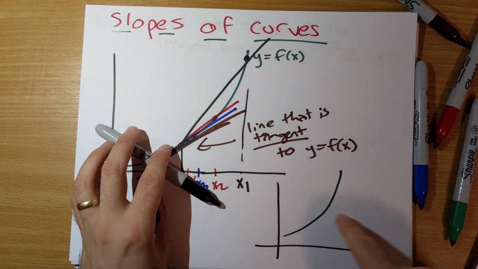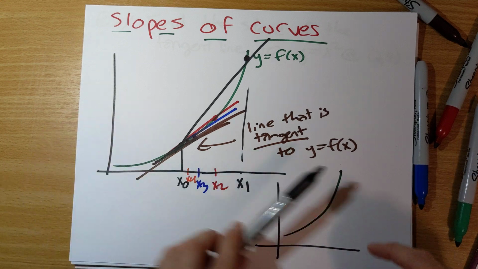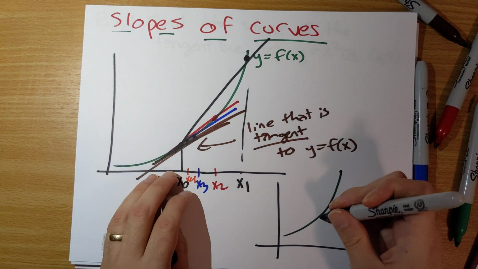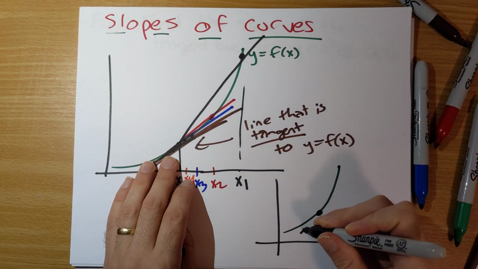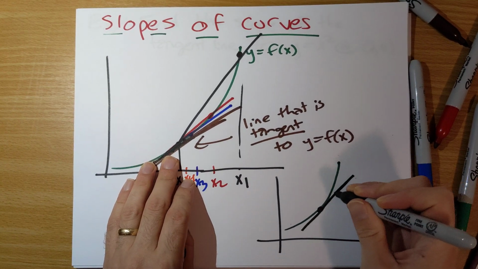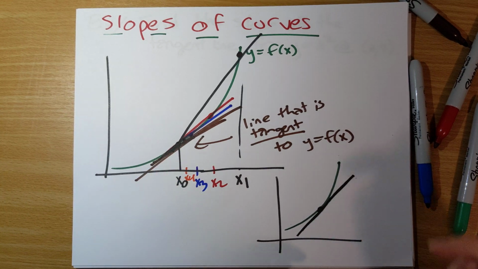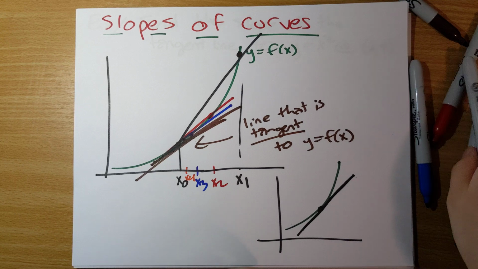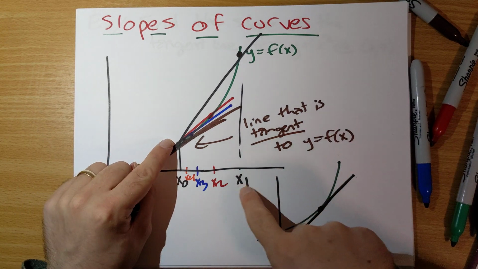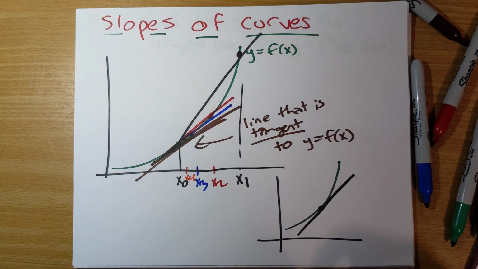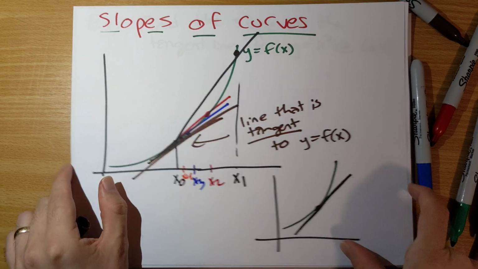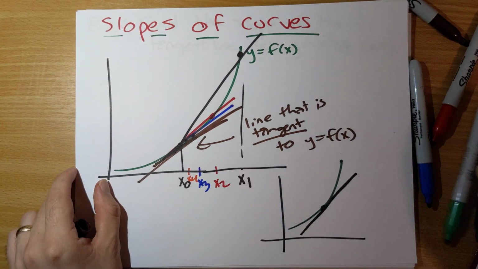The idea is, at this point here, let me draw this point right on, there's one line that is just going to be tangent. It's just going to brush against that curve. And as we take x1, x2, x3, x4 closer and closer to x0, we're going to get better and better approximations to this tangent line.